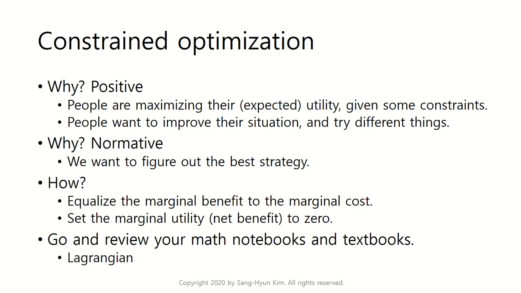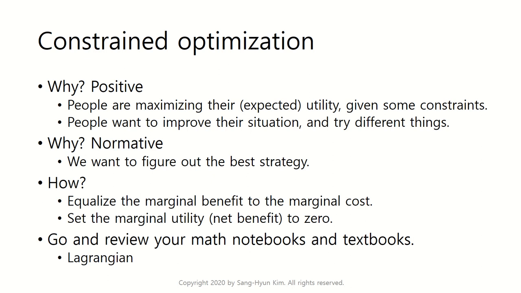And the second reason is normative. In contract theory, we want to think about a better design of contract or the best design of contract, and we want to figure out what is best, how we can improve our society, how we can improve our institutions. So this mathematical tool can be used, it must be used to answer such questions.